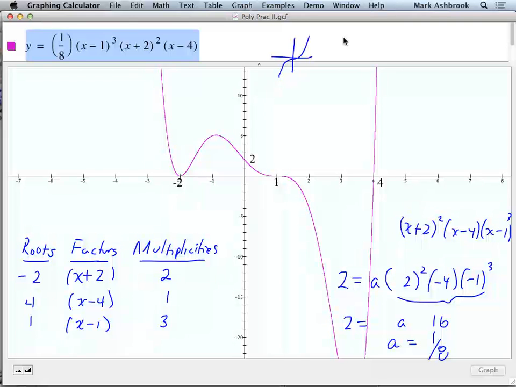We need to plug 0 in and get 2 for the output. So we're saying what value of a would make that whole thing 2, but not 16. So you just set the y value at 2, set the x value at 0, and solve for this coefficient. Make it work.